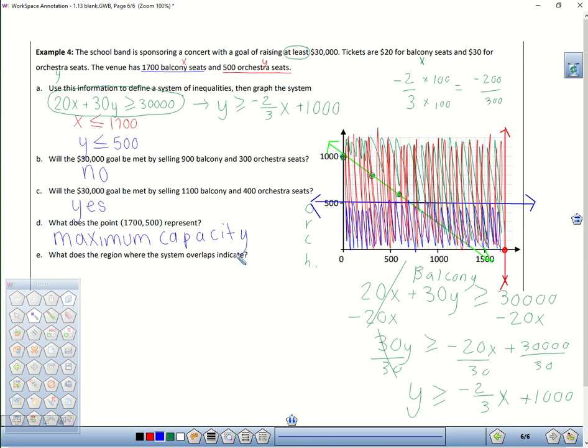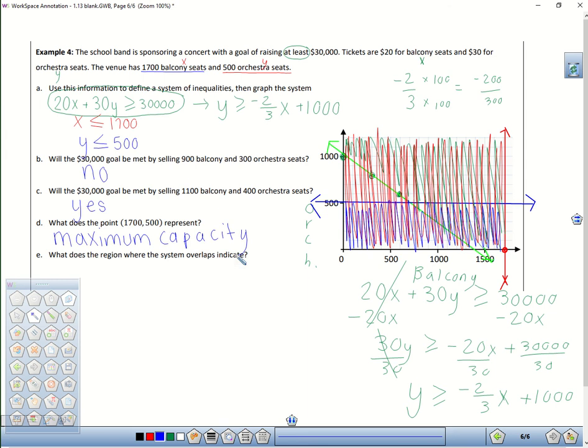And then E says, what does the region where the systems overlap indicate? So when all three systems overlap, what does that mean? It means that we reach our money goal, but we also don't exceed our capacity. Okay, so that's what that means.